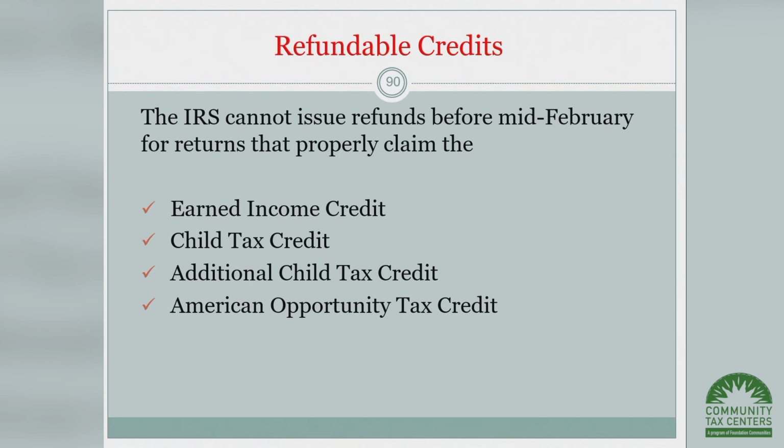But disbursements for these refundable credits, because these involve more information and more forms, and these are your higher level $10,000 and $20,000 returns, they hold those and process them at a later date. So anyone that has any of these credits on their tax return, it's held until mid-February, and they'll start distributions for these types of tax returns at a later date.